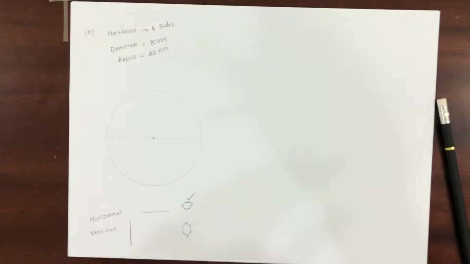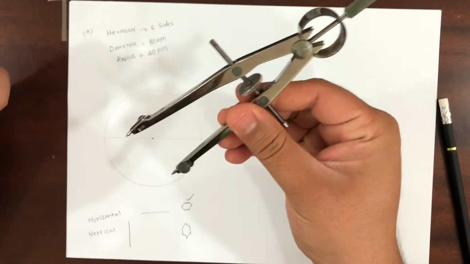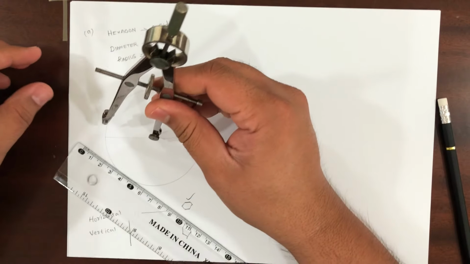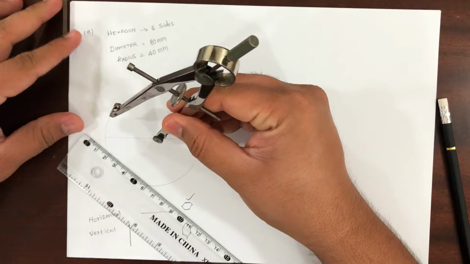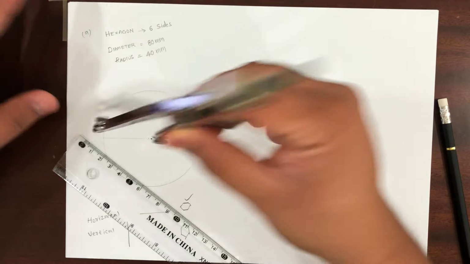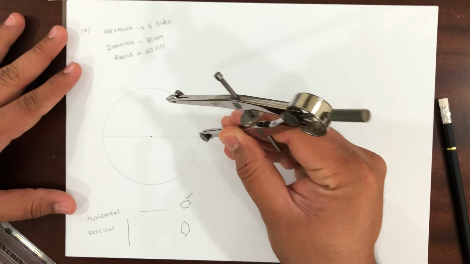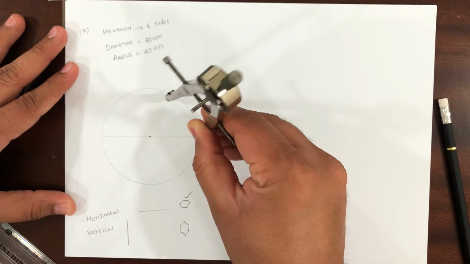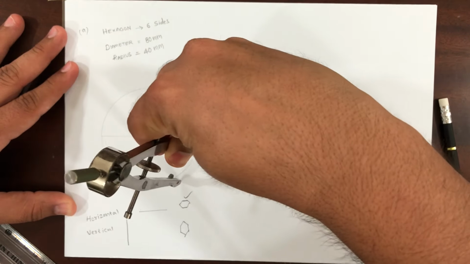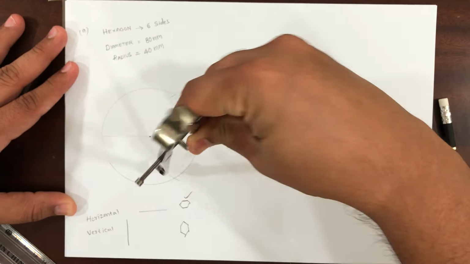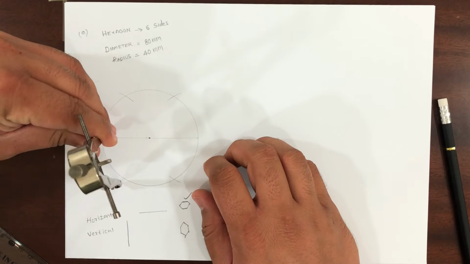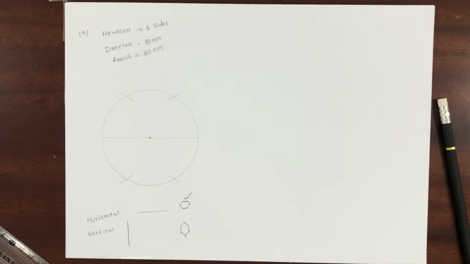Okay, now with the same radius, 40, with which we have drawn the circle, keep it on this edge and draw two arcs, one upside, one downside. Similarly, keep it on this left side and draw one arc here, one arc here. Simple.